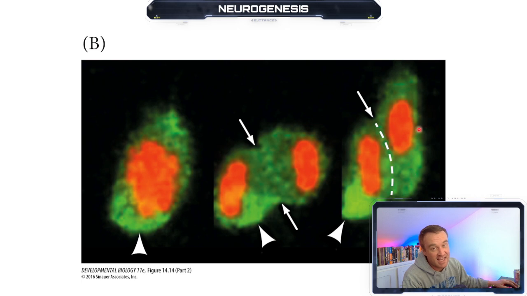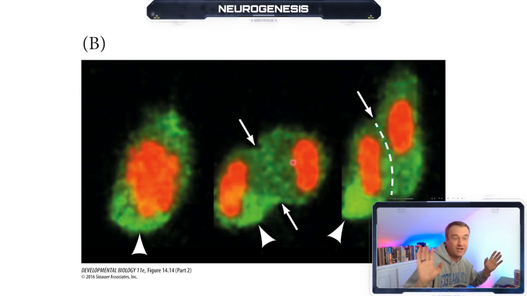This cell does not have near as much. So that means that these two cells can then differentiate asymmetrically into two different types of cells, whether one's a progenitor cell and one becomes a neuron, or one becomes an intermediate progenitor and one becomes a neuron, whatever from that first image, however asymmetrically you want to divide this. This is an example of that.